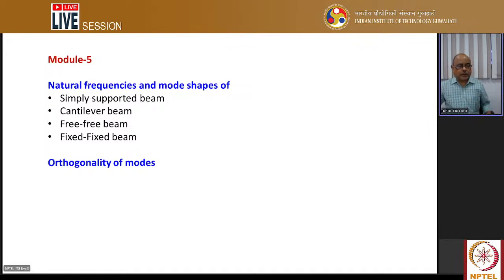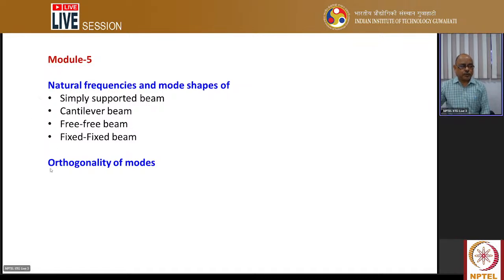Before that, I derived the governing differential equation of motion using Newton's second law, that is force and moment balance, and also by Hamilton's principle. With Hamilton's principle, it is possible to obtain the governing differential equation and boundary conditions simultaneously.